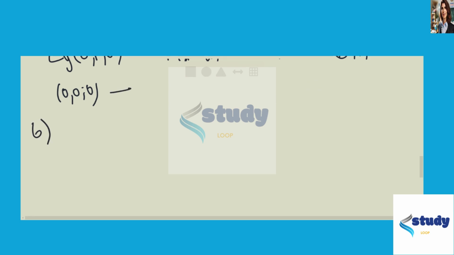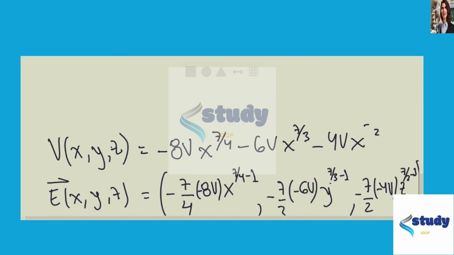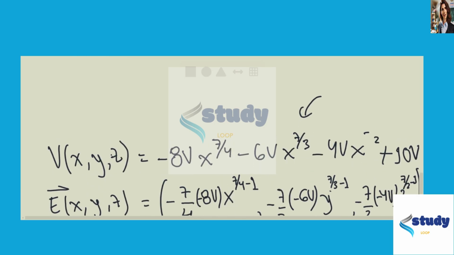So for this point, if we put 0, 0, 0, oh, I almost forgot, in here we have plus 10 volts of the d constant.